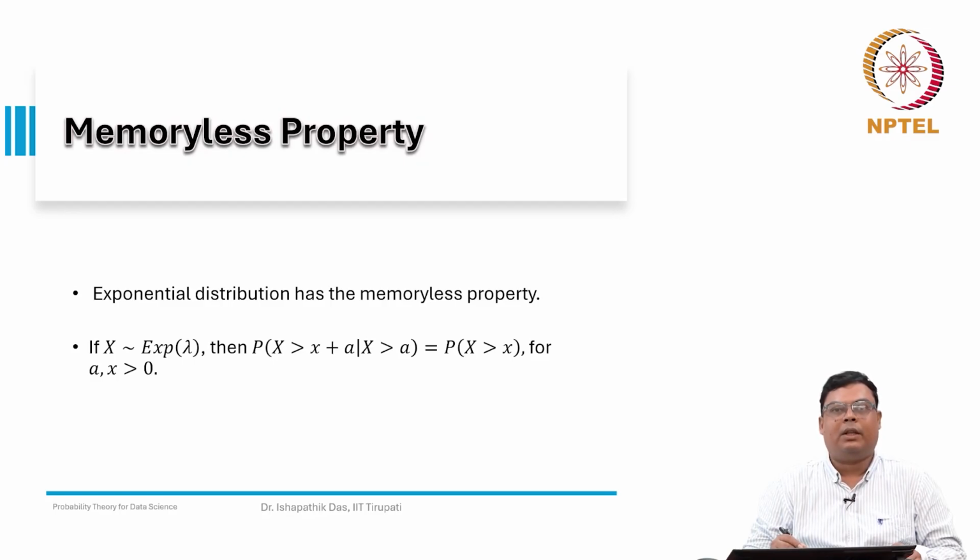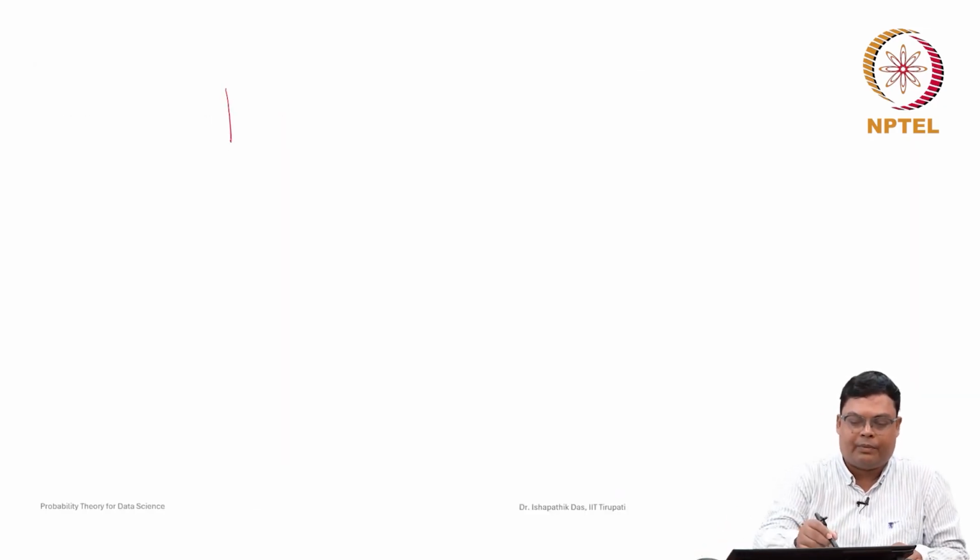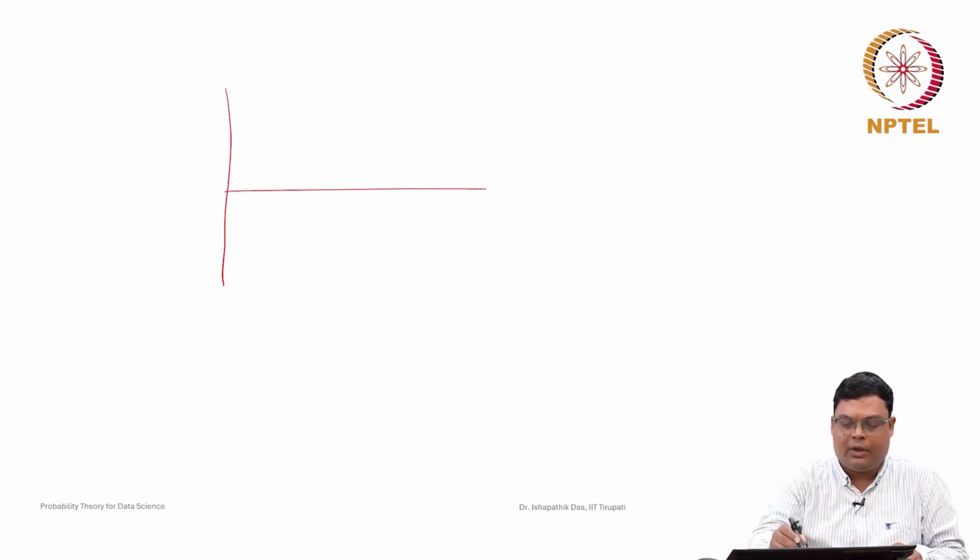Initially, it may be some probability. So, suppose the electronics goods already works up to 2 years. Now, we are asking what is the probability that it will work 1 more year.